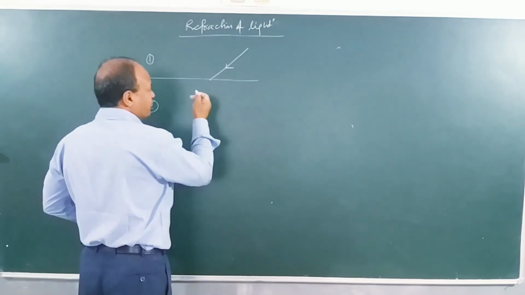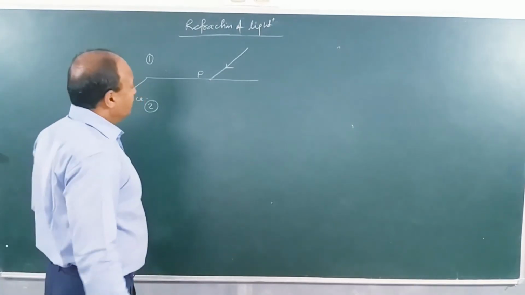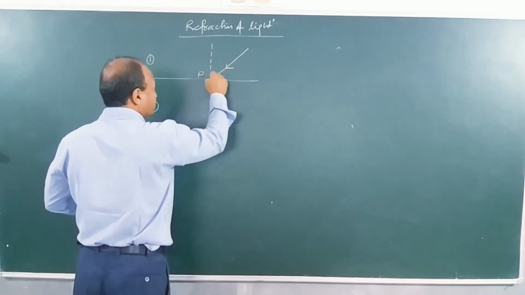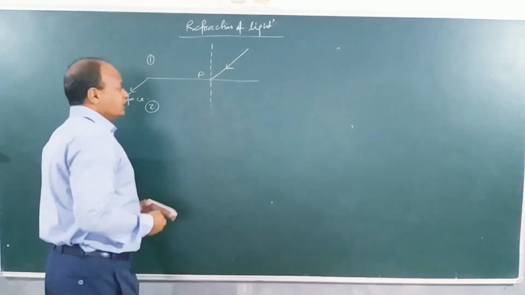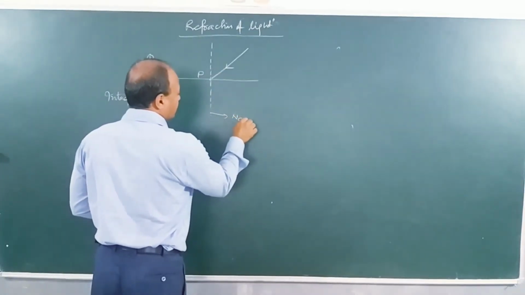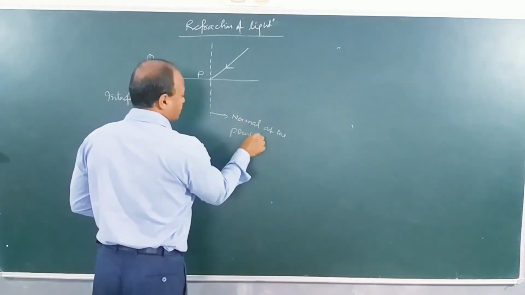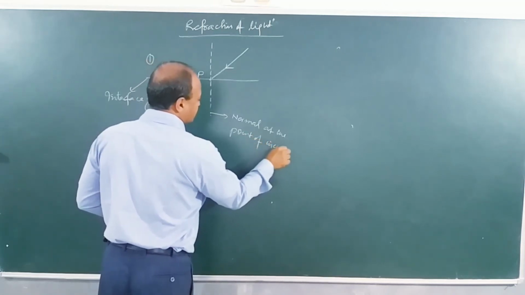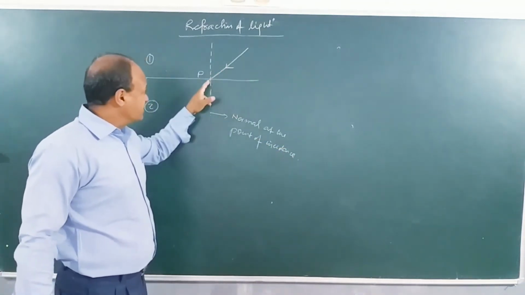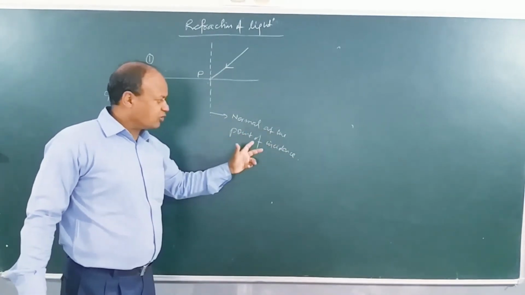I denote it by P. At this point I draw a normal or a perpendicular. This perpendicular which you see is called normal at the point of incidence. Every time I want to study refraction, wherever the ray will strike, I draw a perpendicular and I will call it normal at the point of incidence.